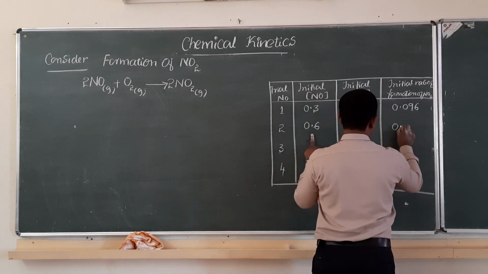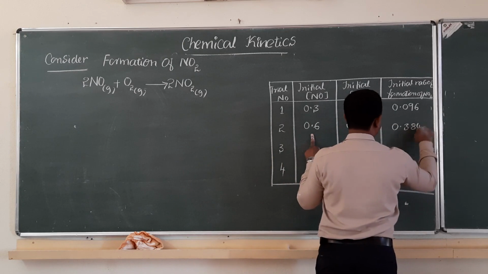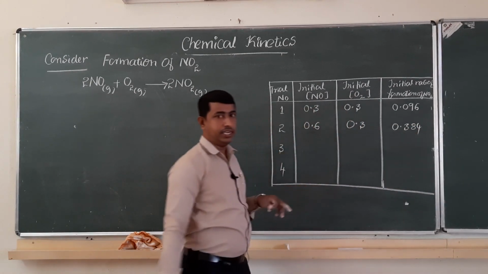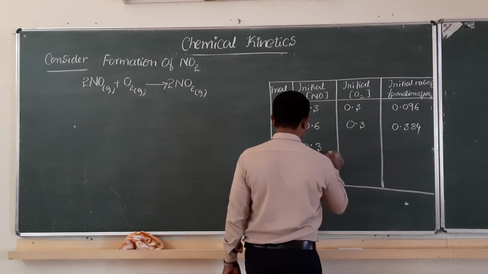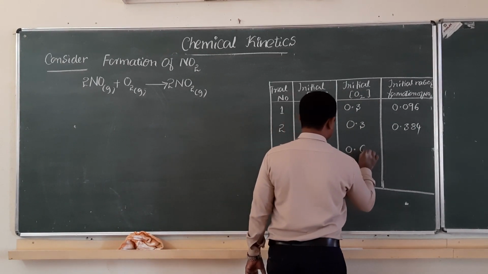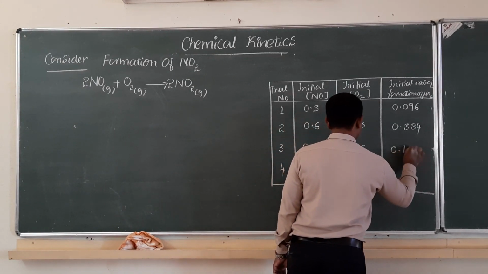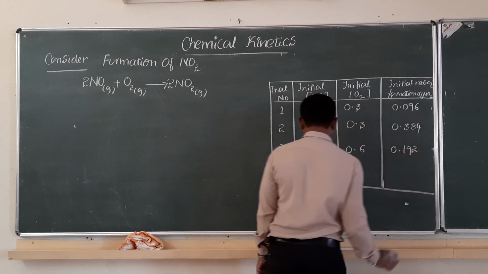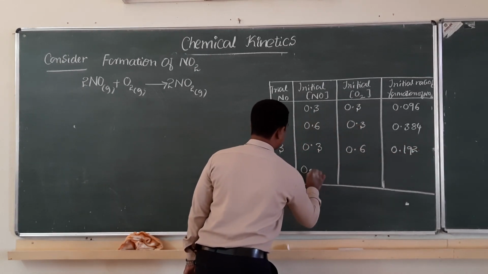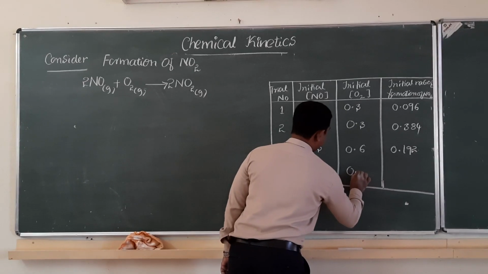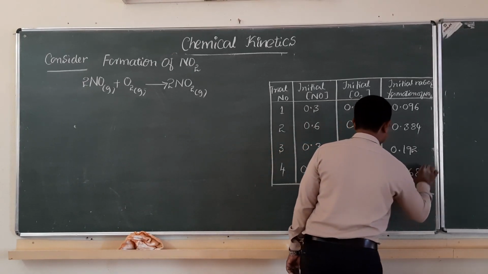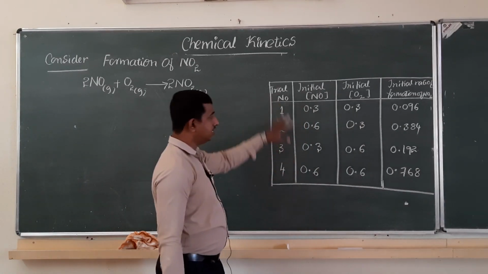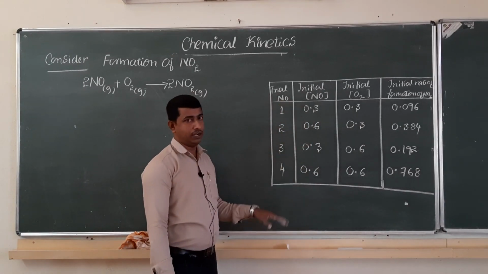Rate is found to be 0.384. Next trial, I will take 0.3 and 0.6. Value is found to be 0.192. Last one, I will take 0.6 and 0.6. Value is found to be 0.768. We shall study these experimental values.